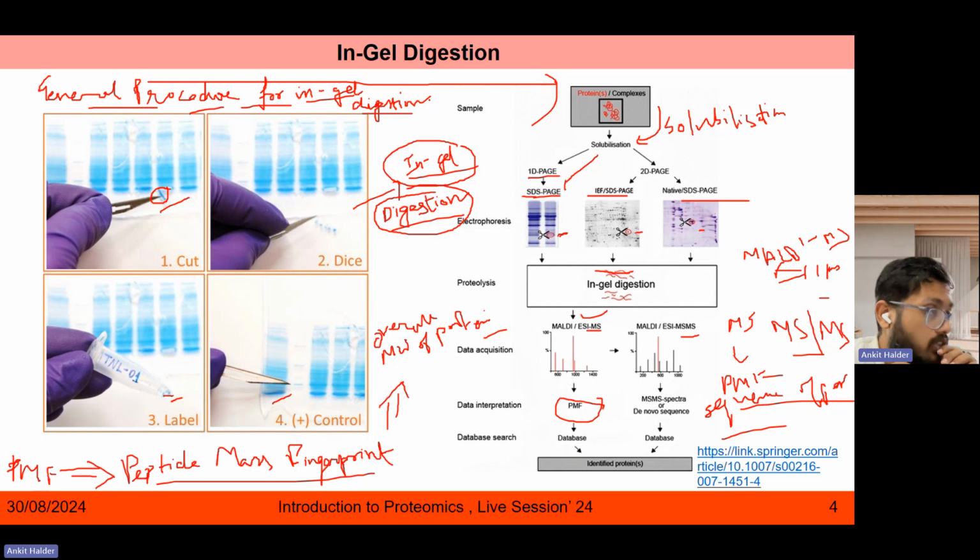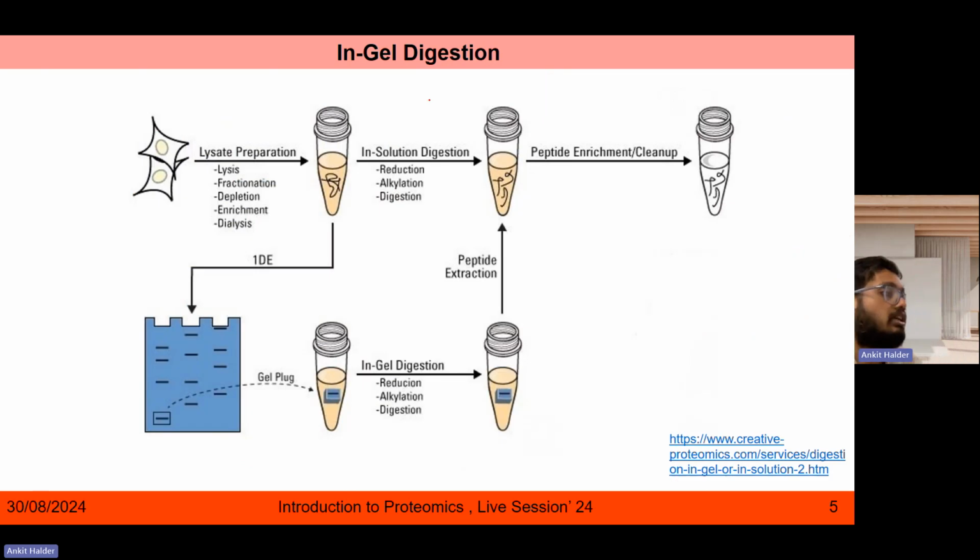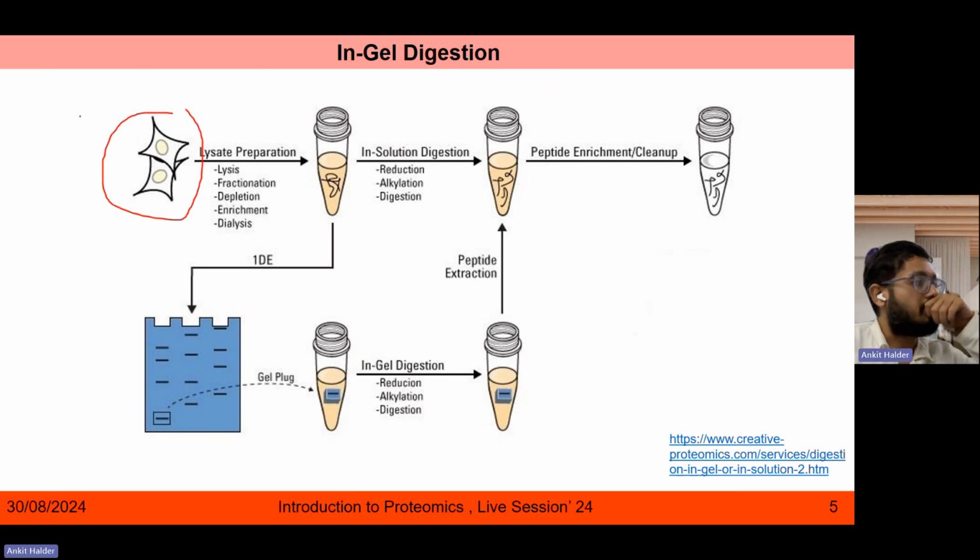So this is overall. Now how we are going to do it for the in-solution digestion: basically, we get the lysate from the samples, the biospecimens.